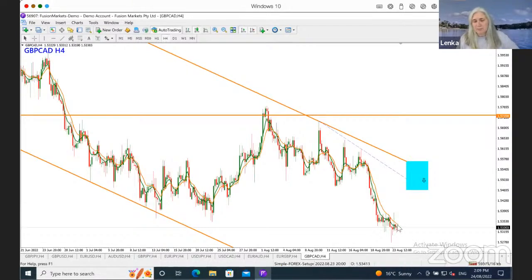So it is possible that it might come up and then go further down, or it will just continue in that current downtrend, which would be maybe even around here. So it may not give us that pullback. But I would like to wait for the pullback, see the price at the top of the channel, and then look for shorts, which again, this one is not an immediate setup because it will take a little while for that price to get up there, unless there's some huge news that's going to move the market.